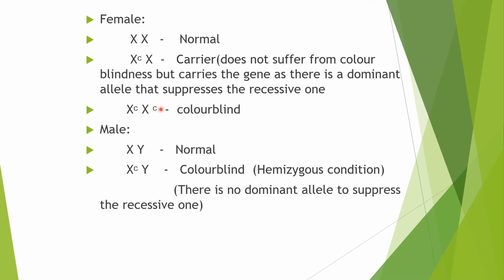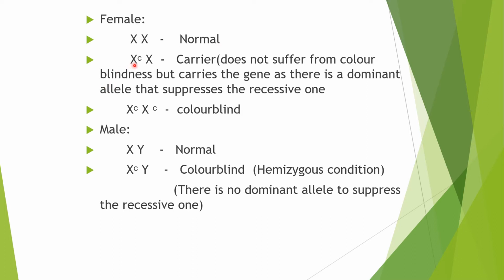Now this slide shows the genotypes of a female and the male. These are the possible genotypes of the female. So here in this slide, we have taken up the X-linked disorder color blindness to understand the entire concept. Now X and X, when we write this, is the genotype of a normal female.